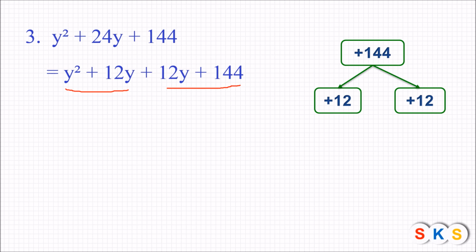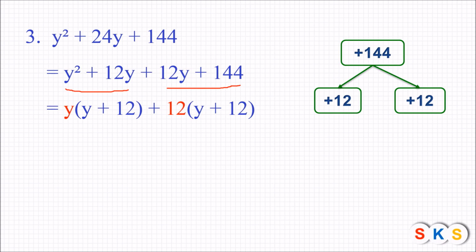After making the groups, we will take the common factor from the first group, and then from the next group. Let's see what we will get here: y in a bracket y plus 12, plus 12 in a bracket y plus 12.